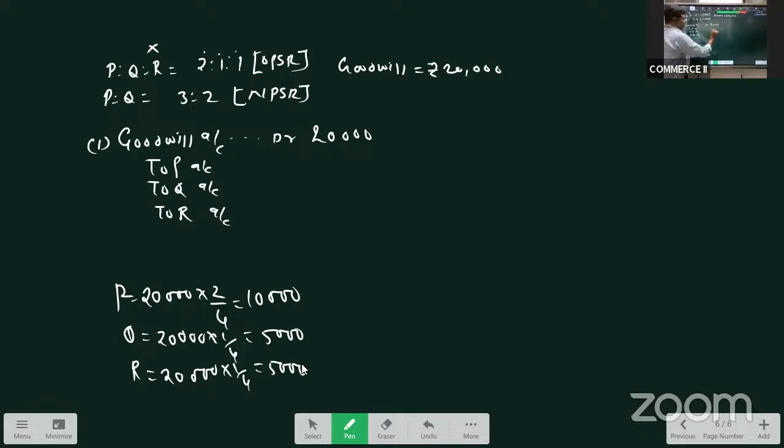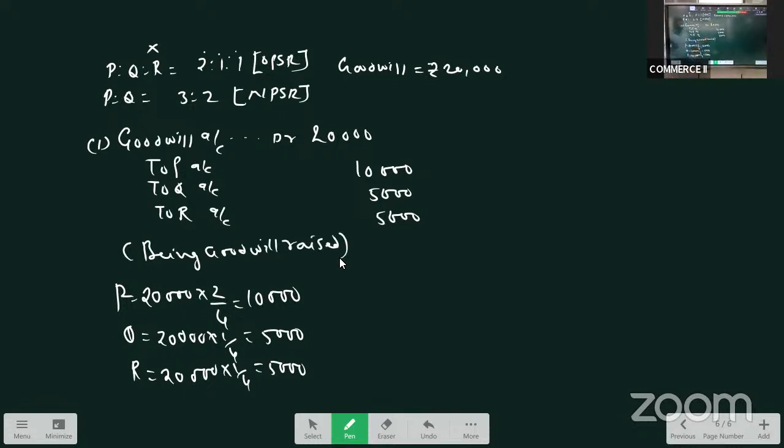So it appears as 10,000, 5,000, 5,000, being goodwill raised. As per the entry, P will be credited with 10,000, Q 5,000, R 5,000. This is for raising the goodwill.